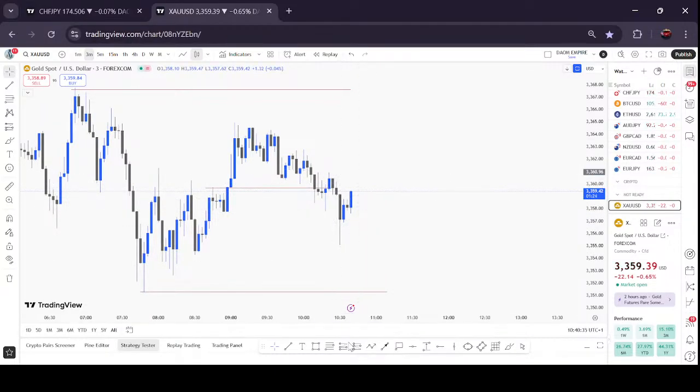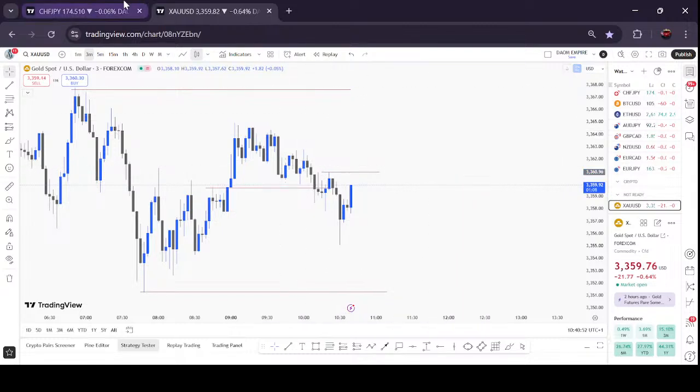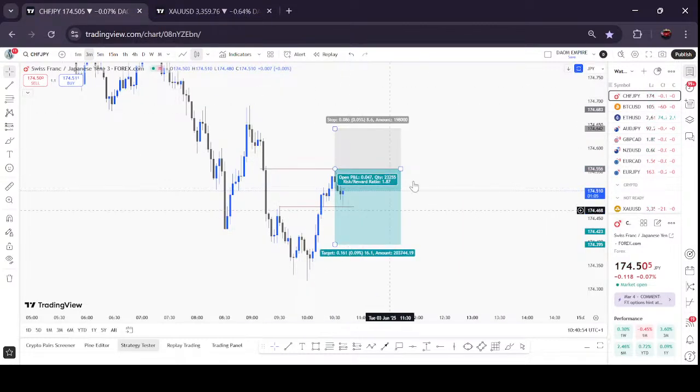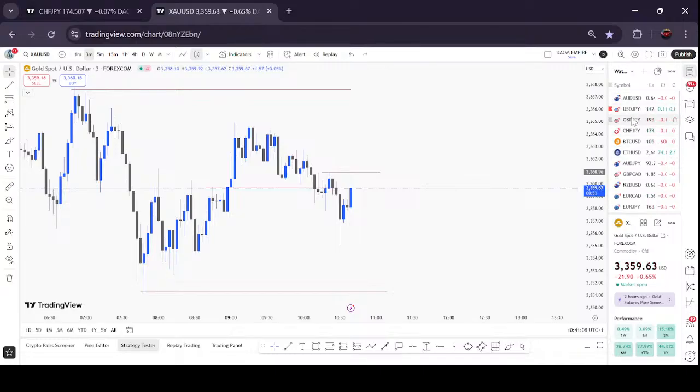If gold can close above this, with what it has done here, or even this one, I'll be ready to engage for a buy. All these are very normal. Let's hold on to our CHF JPY trade. If gold can close above this high, I'll be ready to engage.